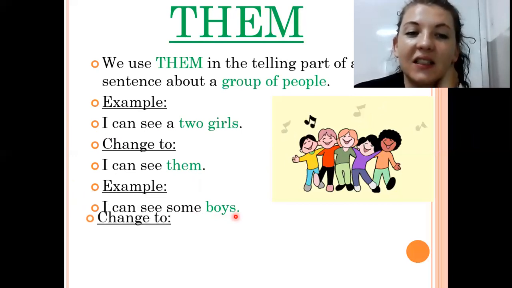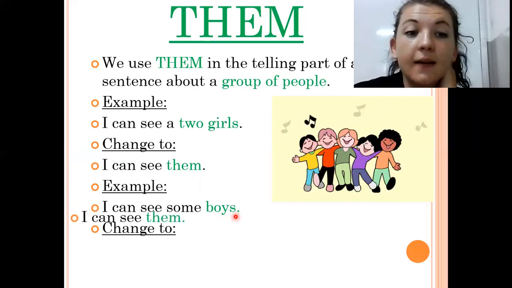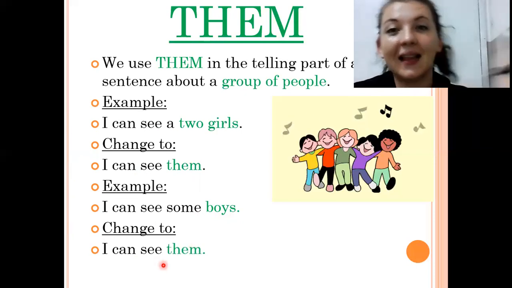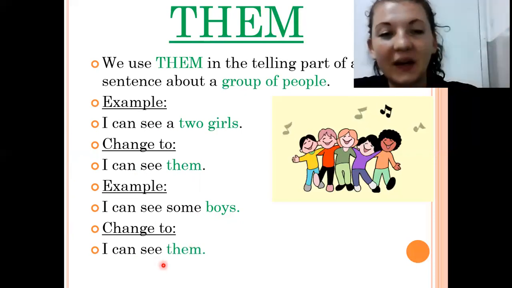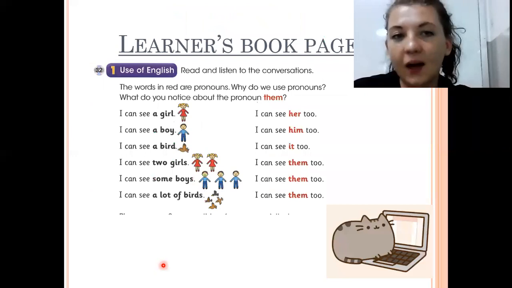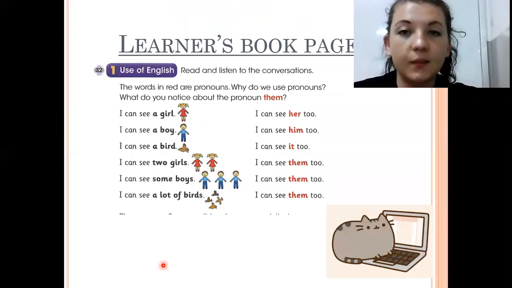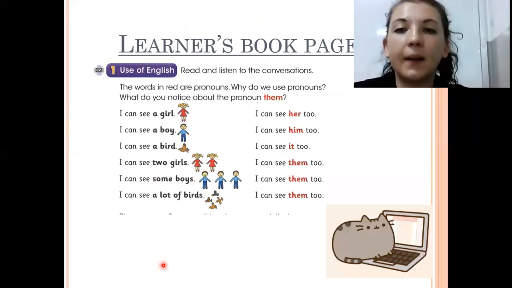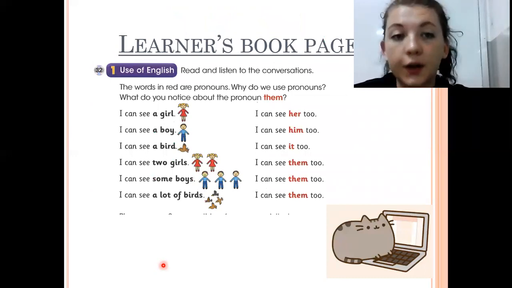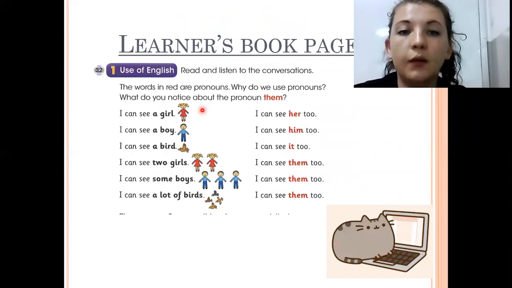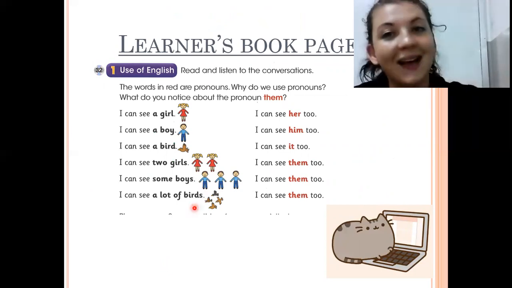And that changes to I can see them. Okay, very good. That is all our pronouns. Now, if you want to go and study them some more, you can find them on page 54 in your learner's book, okay? You will find all these sentences and you can go study them on your own.